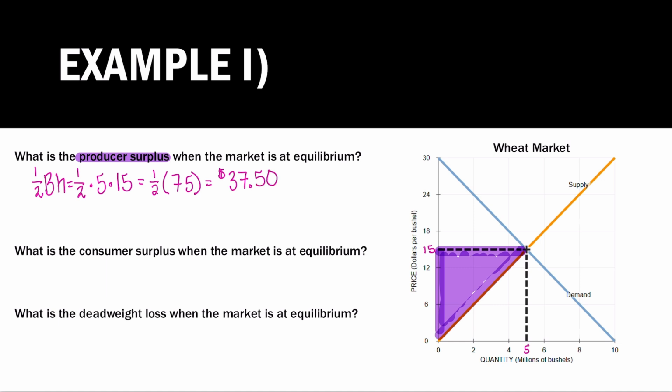Or 37.50. Consumer surplus is going to be the area below the demand curve, above the price.